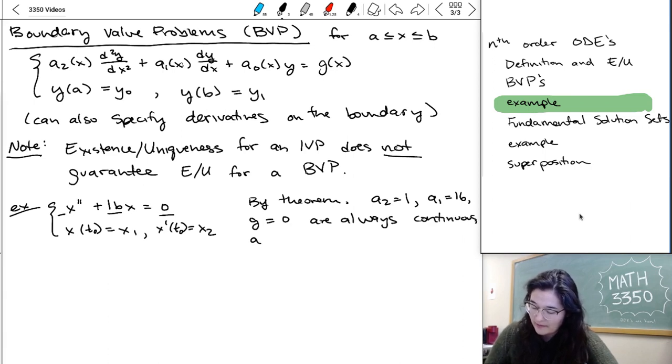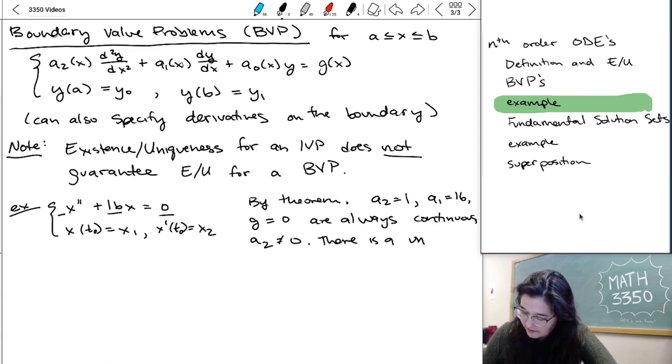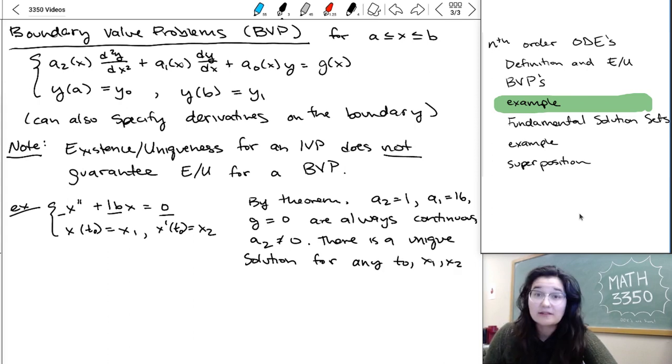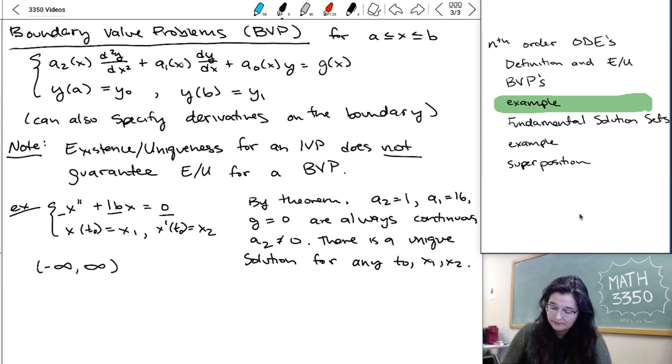And a2 is never 0, it's 1. So because of that, there is a unique solution for any values we pick of t0, x1, x2. And that solution exists on the interval negative infinity to infinity.